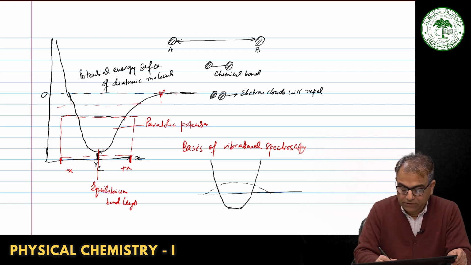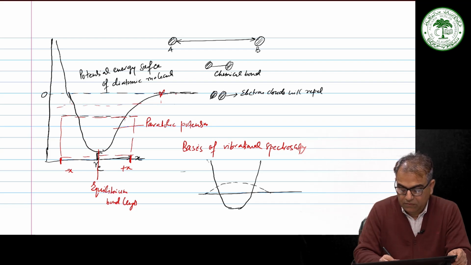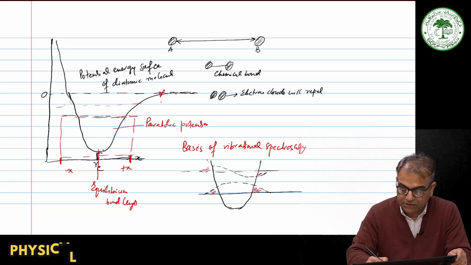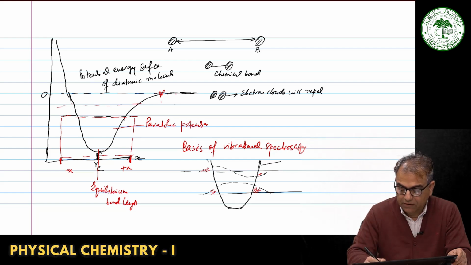For the second level, these are the points where the wave function is present, and the classical limit is that the particle should not go beyond the potential energy surface. This is the classical limit.